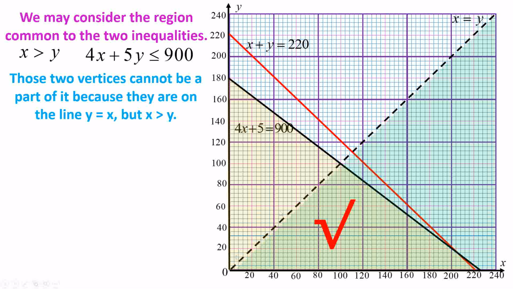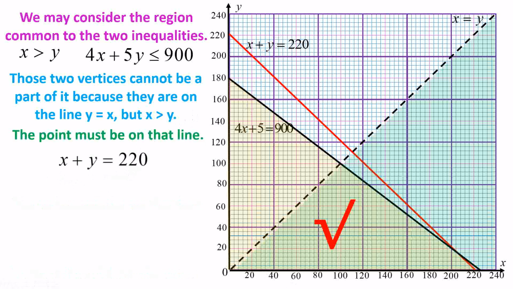But because we have this dotted line, any point that we choose cannot be on that line. Because of this inequality, x is greater than y. X cannot be equal to y. Therefore, these two points, a part of this line, cannot be a part of the solution. The point must be on the line x plus y is equal to 200.